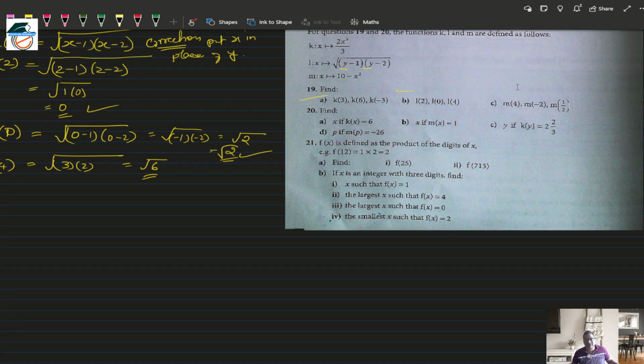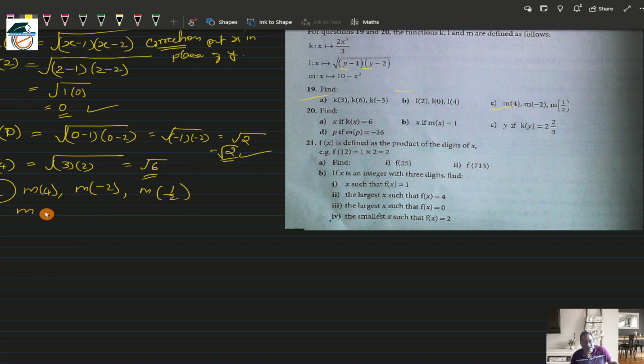So question number 20. No, the C part is remaining for this one. So the C part of 19 is remaining. Okay, so for C, you have to find out M of 4, M of minus 2, and M of half.